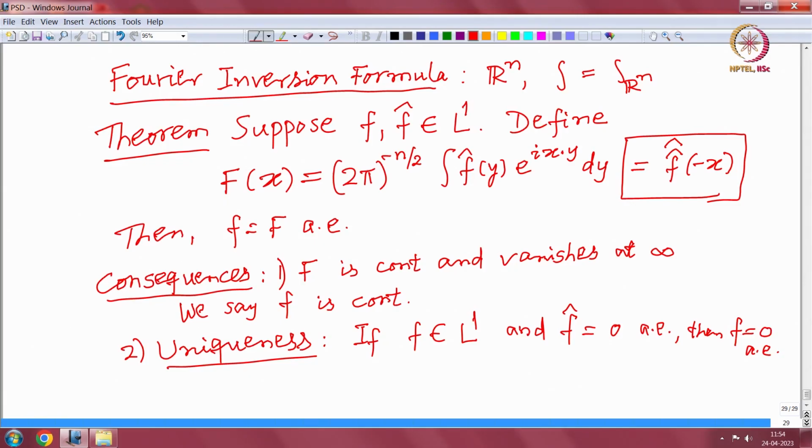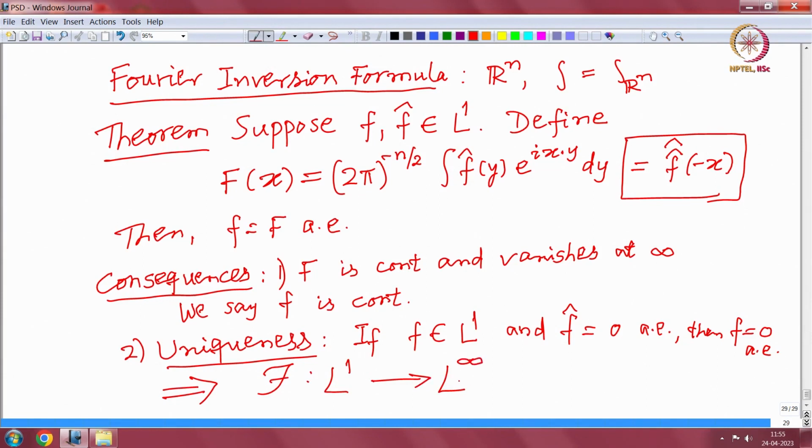So, by linearity, this means that if you consider two L1 functions f and g, and if we assume that f cap equals g cap almost everywhere, then f is equal to g almost everywhere. So, there is uniqueness. So, the Fourier transform is a linear transformation to L infinity.